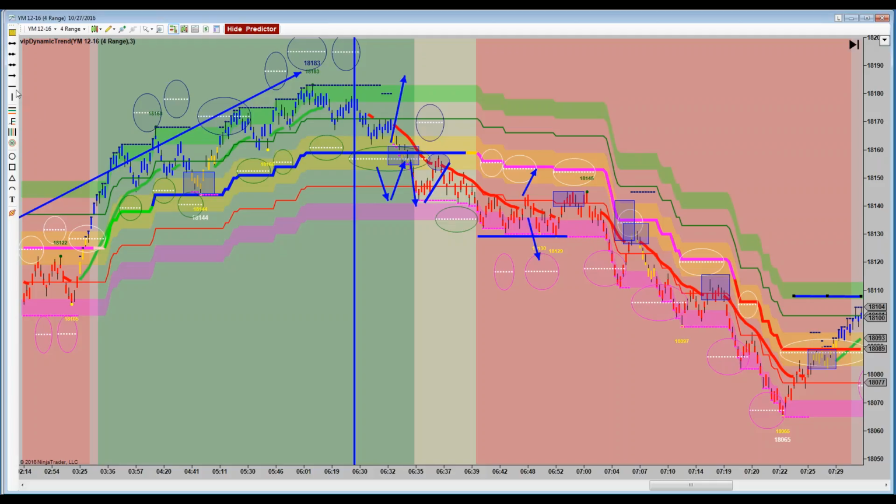Tell me if this is right: when you're stuck in this area right here, the phantom is referring to the outermost band. After you've had a long move, the outermost band is referred to as the phantom.